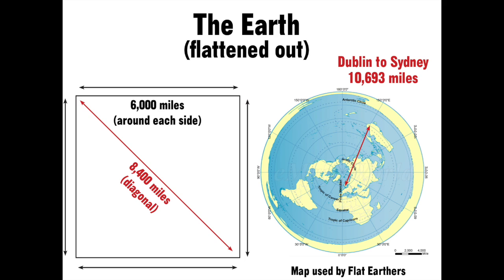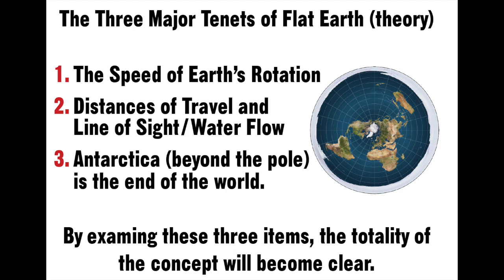Now, over on the right-hand side, I've got an arrow from Sydney, Australia to Dublin. Well, that distance is 10,693 miles. That's a fact. So how could that be? And that's not the full length of the so-called flat Earth. It's actually over 2,000 miles more than what they're saying. So that breaks that whole theory.